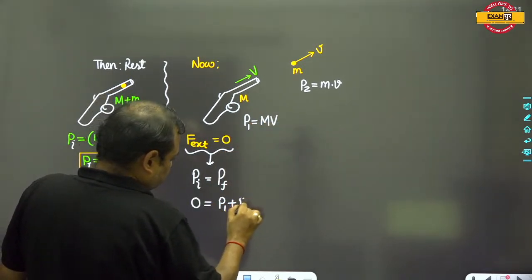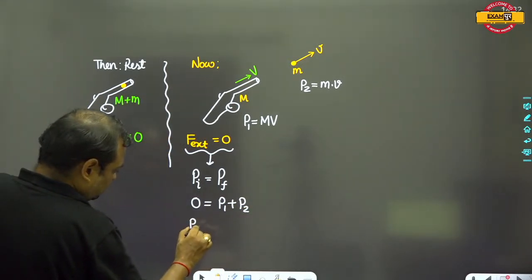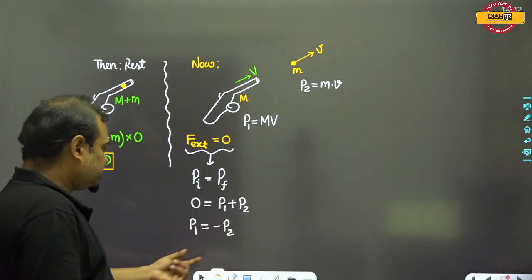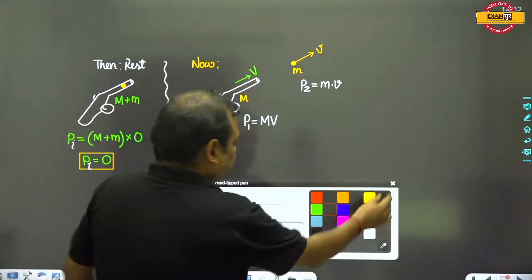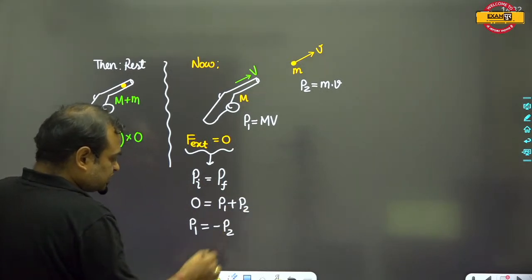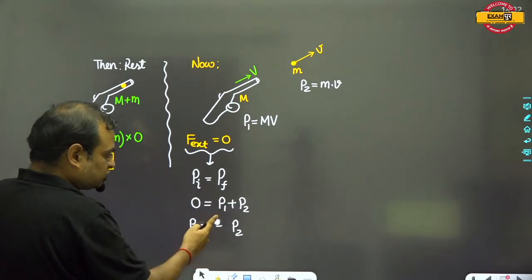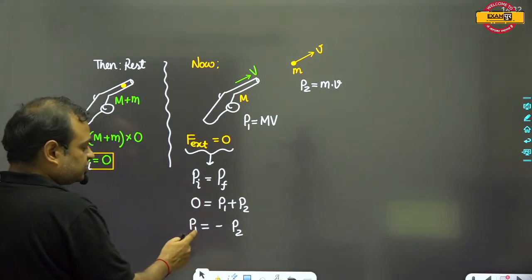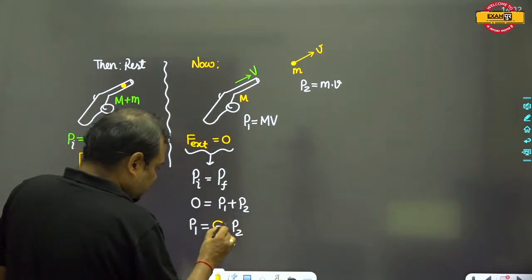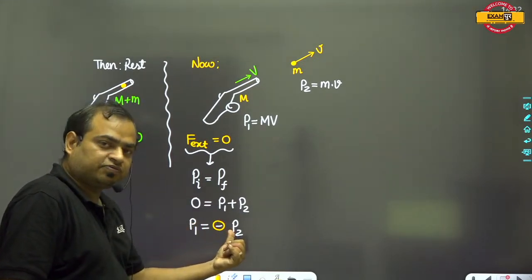Hence we can say that p1 will be equal to minus p2. Here we can see that there is a negative sign. This negative sign shows that the direction of p1 is opposite to the direction of p2.